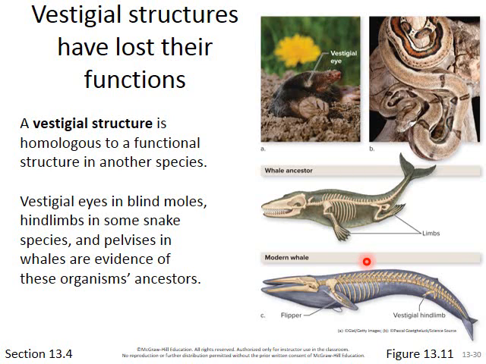The pelvis and back limbs of whales and dolphins and things like that. Some are very small. On the outside, you can't see that they exist. But the pelvis, very small, is still there.